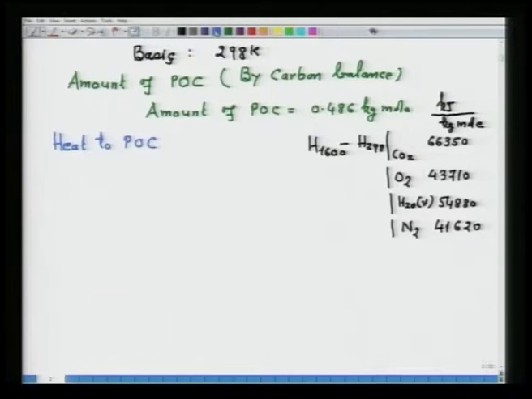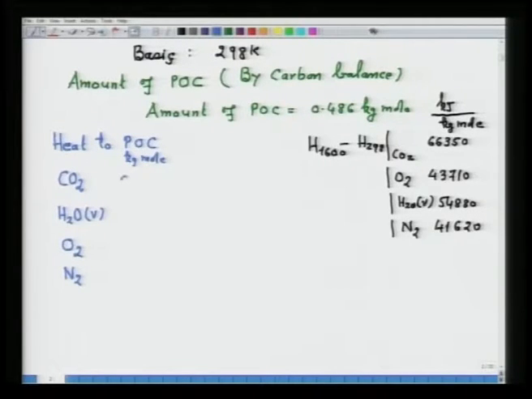So, now heat to POC is straightforward for me to calculate. I will write down first of all CO2, then H2O vapor, then oxygen, and then nitrogen. Now, I can calculate here kg moles, because I know the amount of POC.